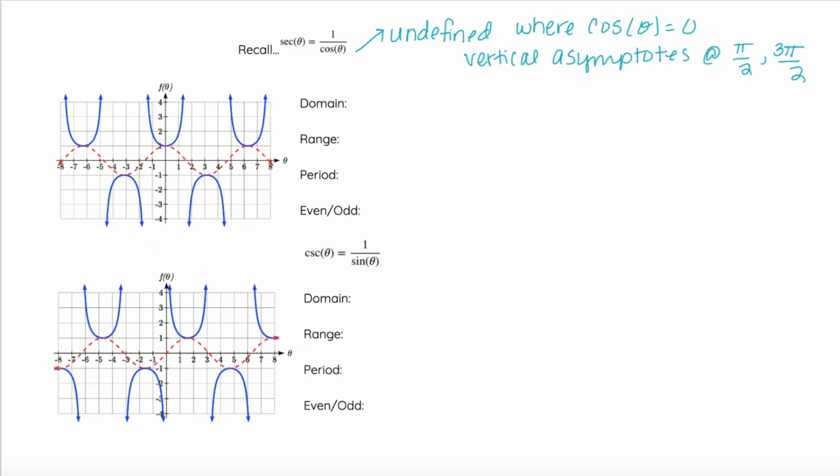Ultimately, to get from pi over 2 to 3 pi over 2, we're just adding pi. So our domain will be everything except pi over 2 plus multiples of pi. Because if I add pi, I'll get 3 pi over 2. If I add pi, I'll get 5 pi over 2, etc., etc.